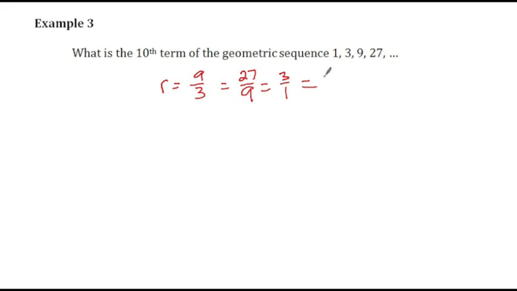All those reduce down to the same exact number of 3, because you simply multiply by 3 to get the next term. So if I use that general formula, a sub n is equal to a sub 1 times r to the n minus 1, we're wanting to find the 10th term. The first term is 1. The r value is 3. From the first term to the 10th term, you take 9 jumps.